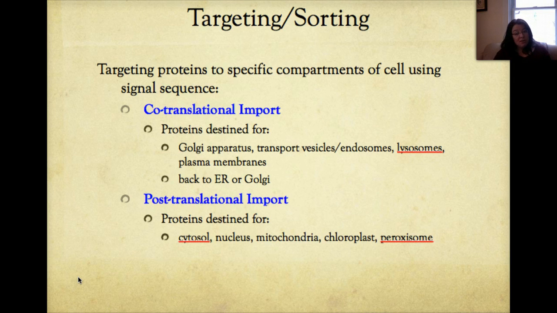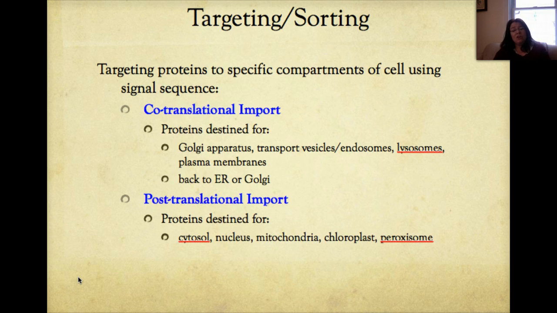So for co-translational import, we're talking about proteins that are destined for the Golgi apparatus, the various transport vesicles, or what are sometimes called endosomes in the cell, lysosomes in the cell, or to the plasma membrane.